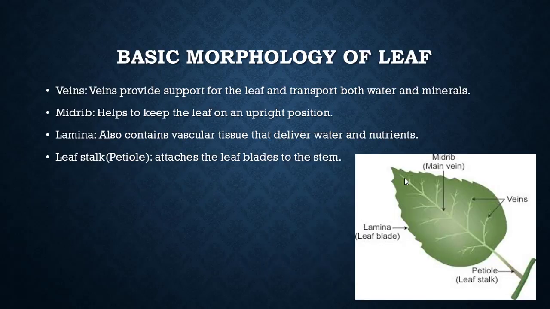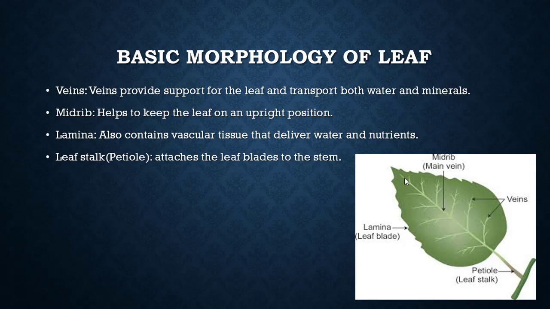Okay, the basic morphology of a leaf. What is the basic morphology of a leaf? Let's look at the diagram. There are veins, midrib (main vein), lamina (leaf blade), and petiole (leaf stalk). Everything has its own functionality.